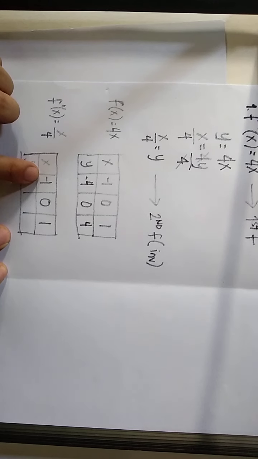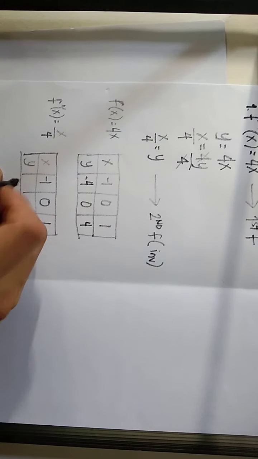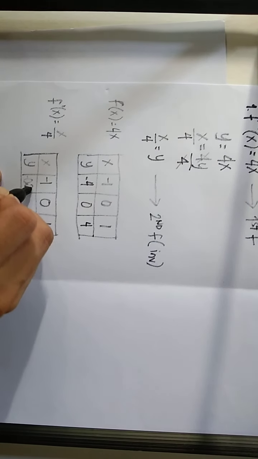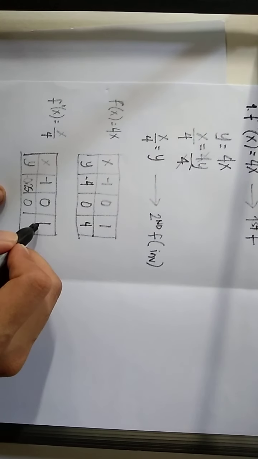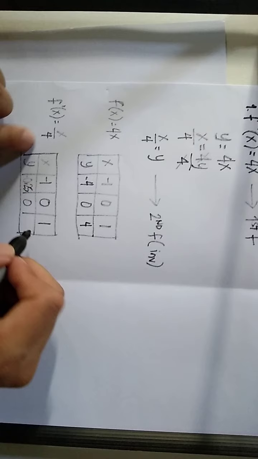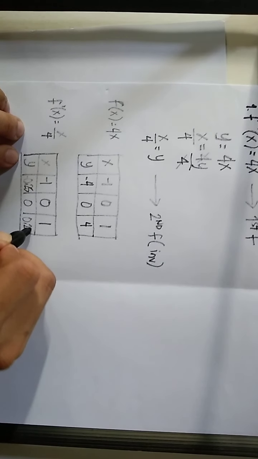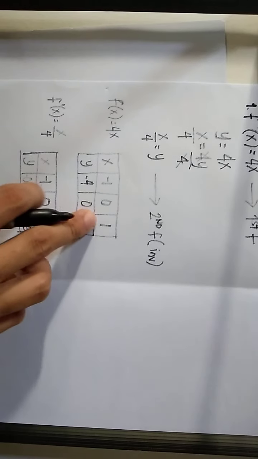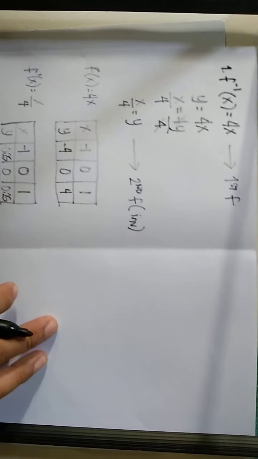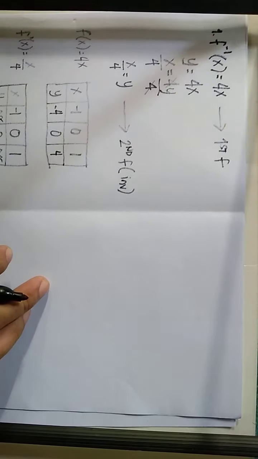We will substitute negative 1, so we will have negative 0.25. And then we have 0, we have 0. And for our 1, we have 1 over 4, which is 0.25. Since we have the given values, we are going to graph that in our equation.